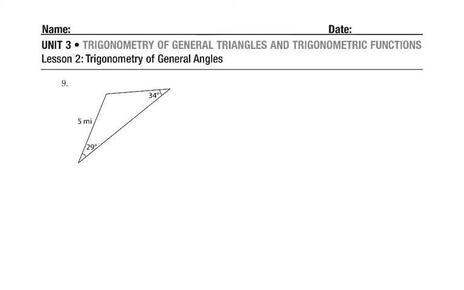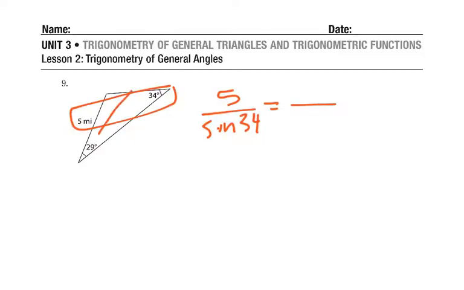Okay, so number 9, same idea. Now this time I don't have two sides. So I do have this connection, so I know that 5 over the sine of 34 is going to equal this side length over the sine of 29.